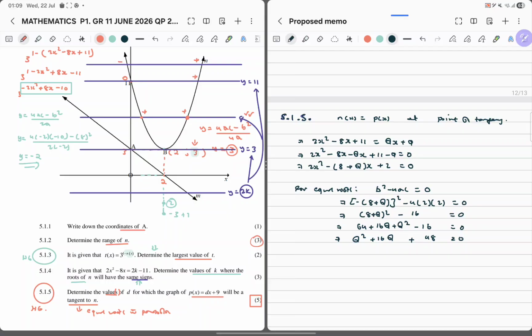It's 48. So what numbers can add up to 16 but give me 48? It's 12 times 4. Is it 12 times 4? Yes, of course. So we can factorize. So this is d, this is d, this is plus 12, plus 4.